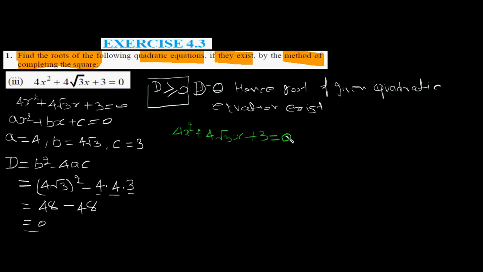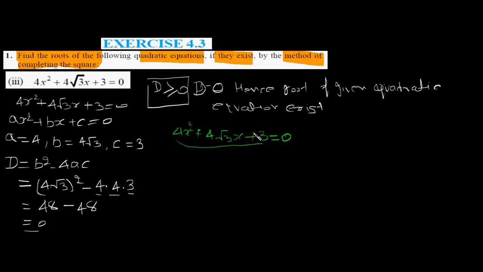Now remember one thing, in this kind of equation where the value of d is equal to 0, we need not add or subtract anything, because this expression is itself a complete square. If we closely examine these three terms, they are a complete square in itself.